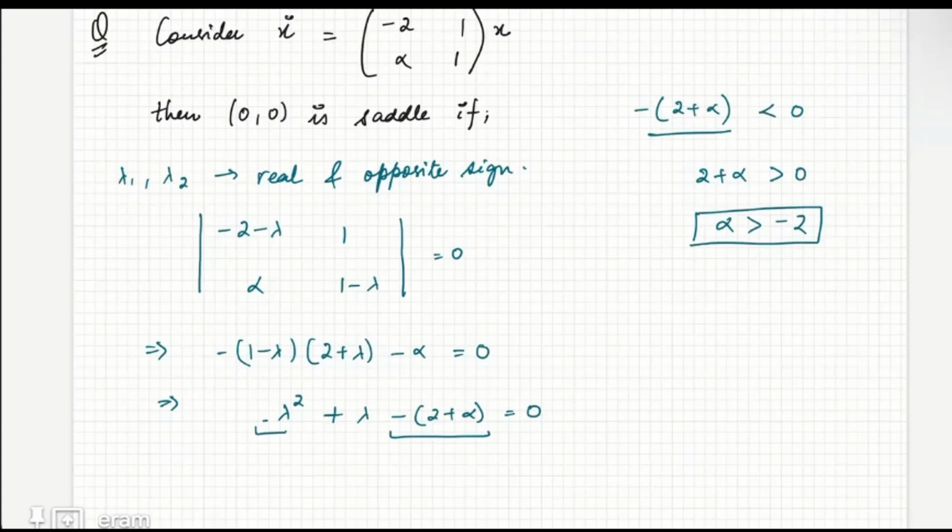Yes, the solution will be unstable, because we have one eigenvalue negative, which will try to stabilize the system, but at the same time we have one eigenvalue positive, which is sufficient to give an unbounded solution. It will pull the solution away from the equilibrium point. So we have an unstable system.